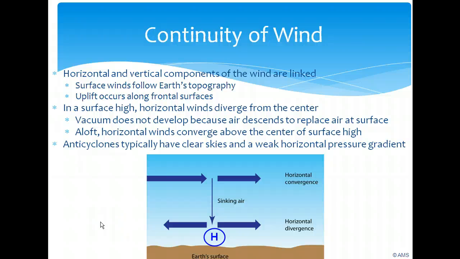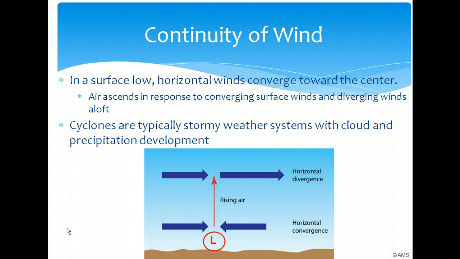In this idealized vertical cross-section of an anticyclone, horizontal winds converge aloft, air descends, and surface winds tend to diverge. In another idealized look at a vertical cross-section of a cyclone, surface winds converge, air ascends, and winds aloft diverge.